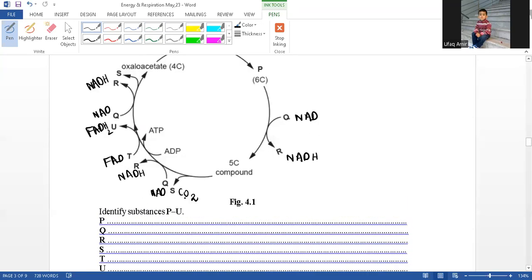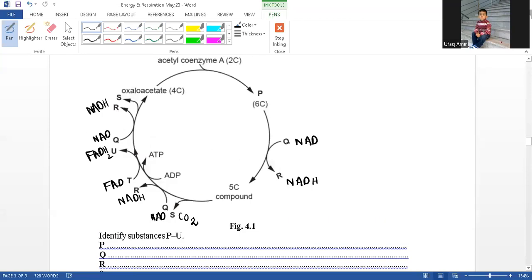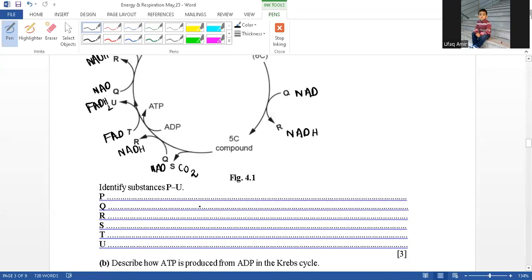So identify substances P to U. P is citric acid, citrate, very good. We have already identified as citric acid. Q, NAD, excellent. R is NADH.